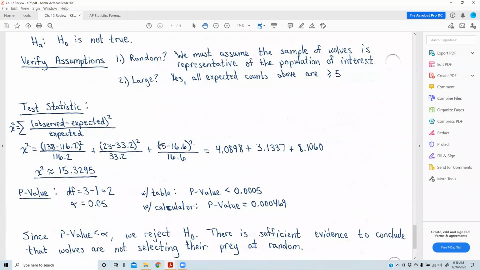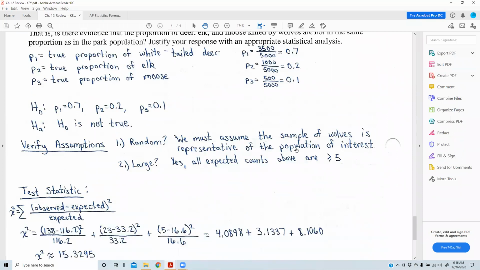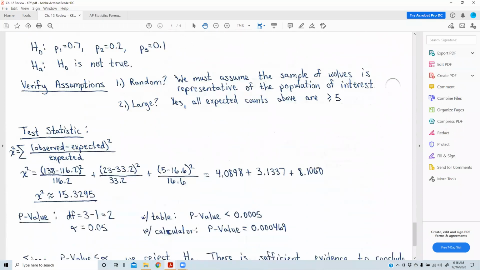Again, I set them all up because I wanted to look at the values all individually. Note that the moose total was way high. It was 8 point something. So that put our chi-squared at 15.3295, approximately.